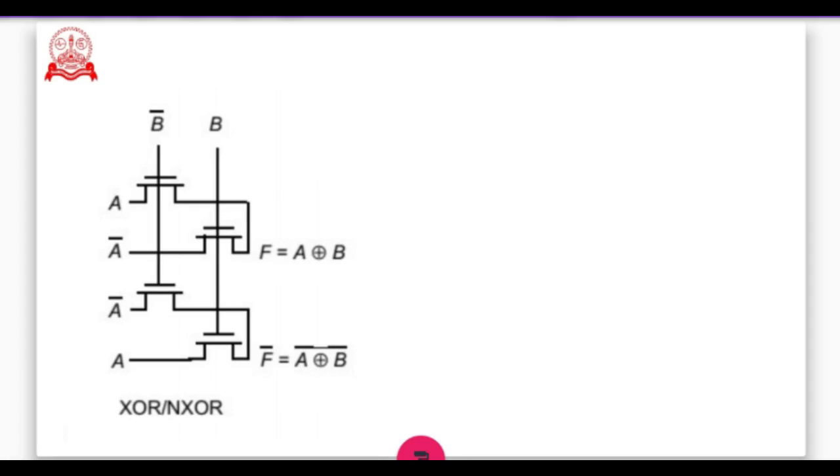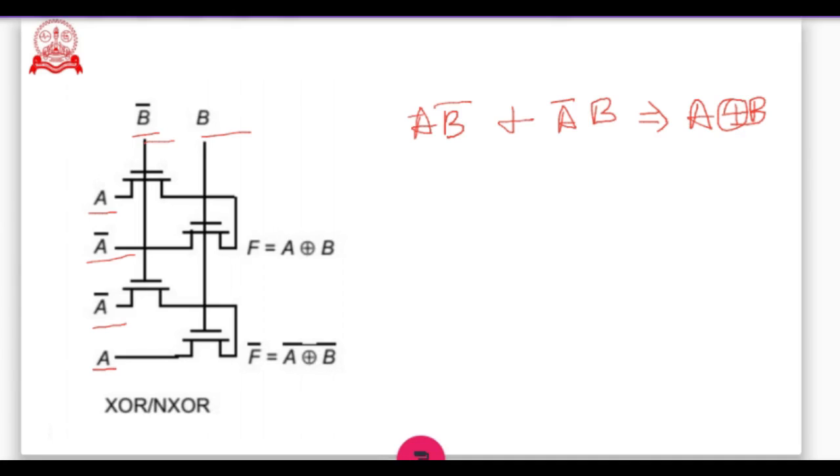Now let's consider the third example. Here we have XOR and XNOR. So let's see the first part. It is A B bar plus A bar B. We know that this is the expansion of XOR, so it is A XOR B. For XNOR we have A bar B bar plus AB.